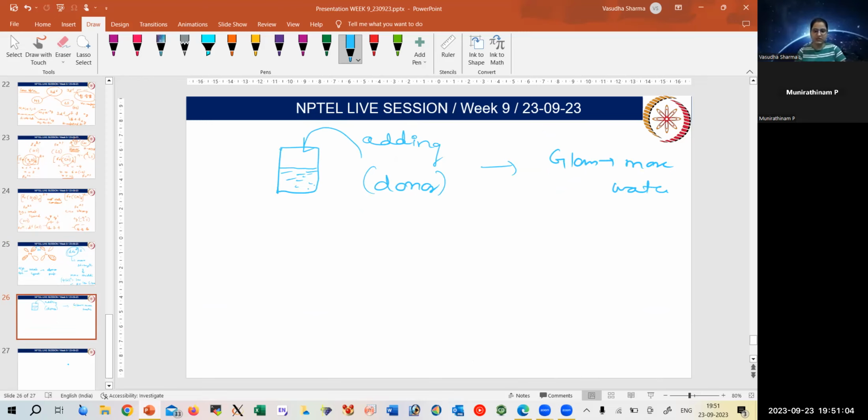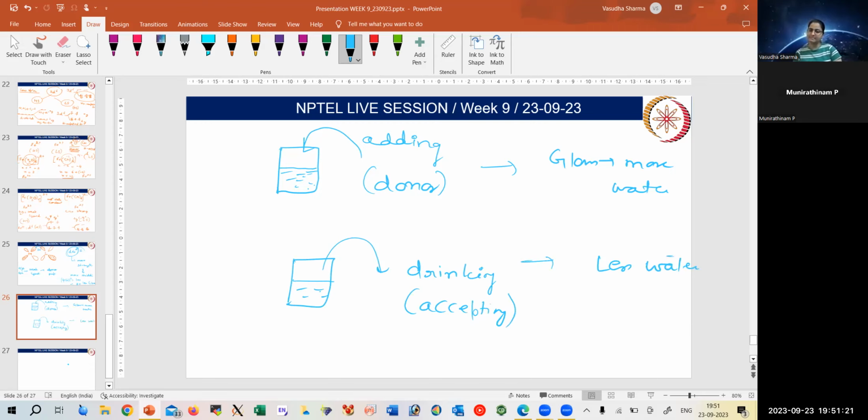Now, if I have the same glass with the same water, but now I'm drinking it, so I am accepting, taking it from here, it would now be having less water. Right? Similarly, consider this as d electrons in the metal, and this is a donor ligand.